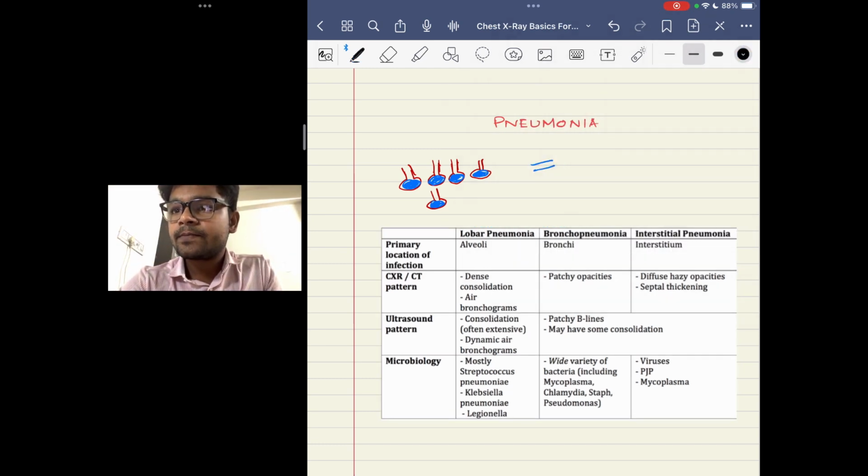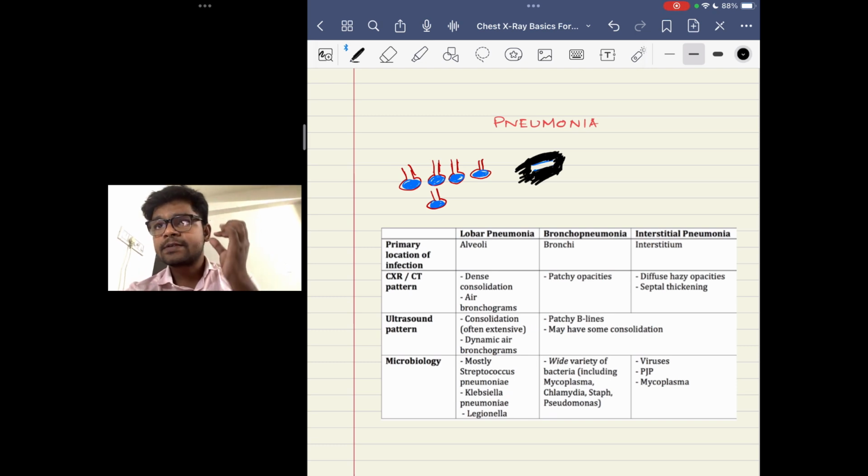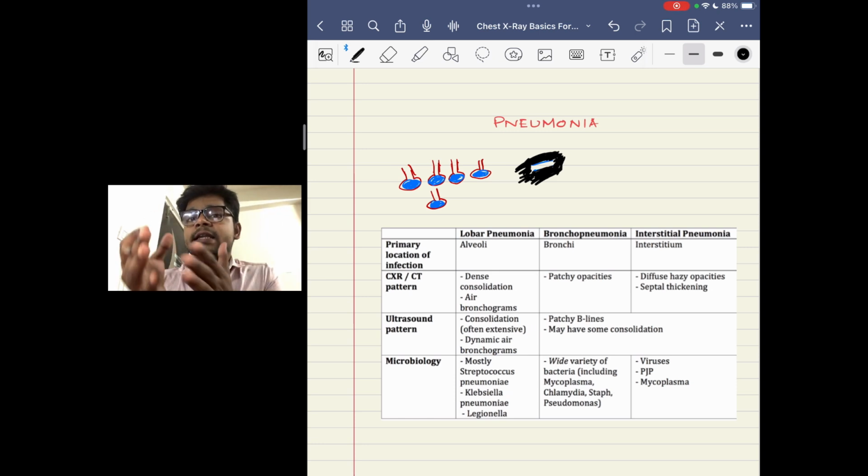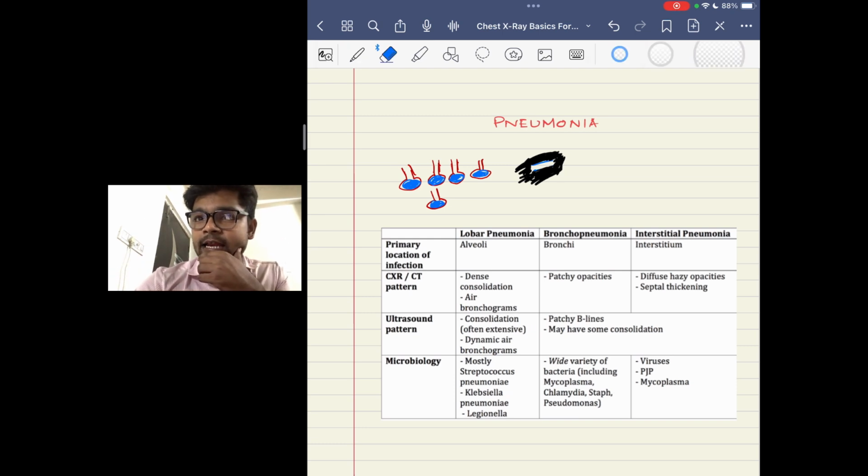So this entire thing will be surrounded by opacity. I'm drawing it in black, right? There is opacity everywhere, but the bronchus is relatively free. The bronchi and the bronchioles are relatively free, so the air inside the bronchi will be seen, that is air bronchogram. So that is it, and it is very suggestive of consolidation.